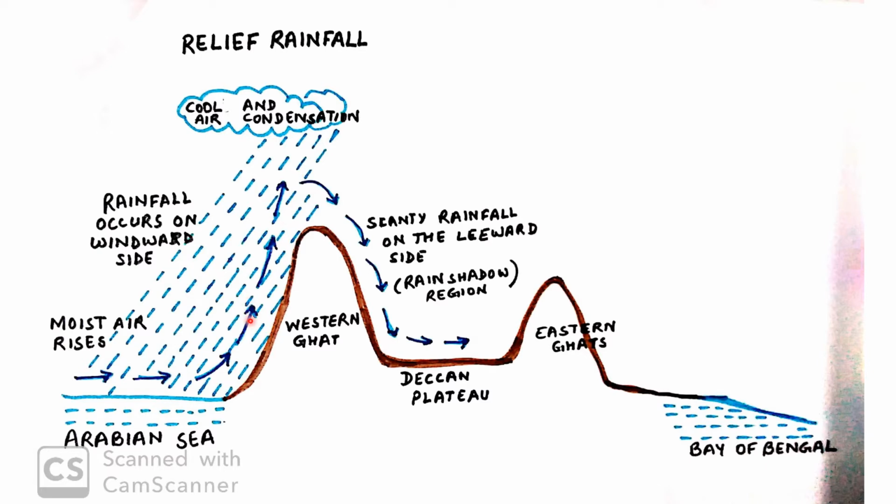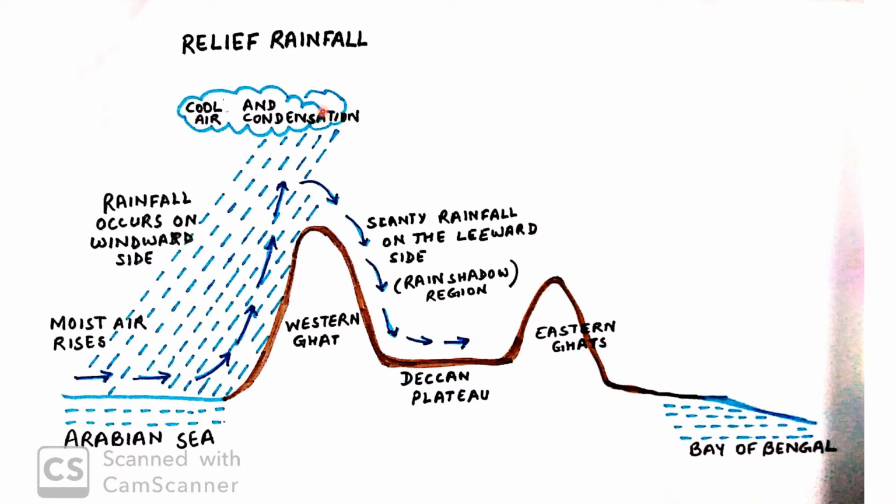All of you know that as the air rises to a higher altitude, the temperature goes on decreasing. And whenever the temperature decreases, the air becomes saturated and condensation takes place. Here the cool air has become saturated and condensation has taken place.